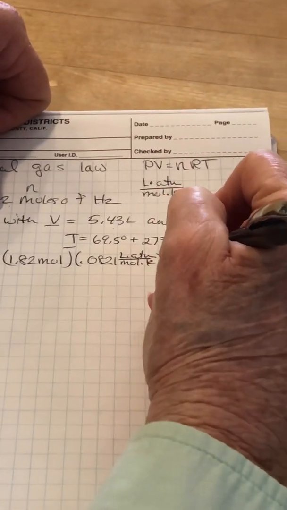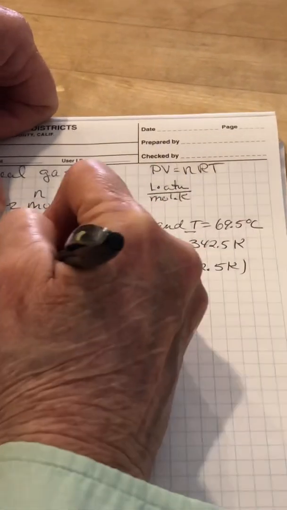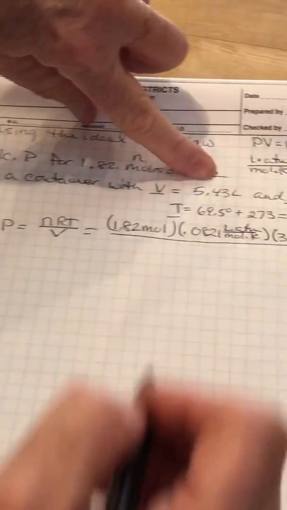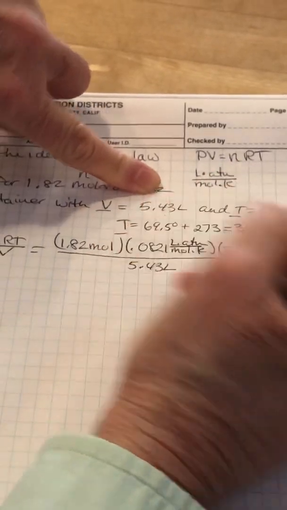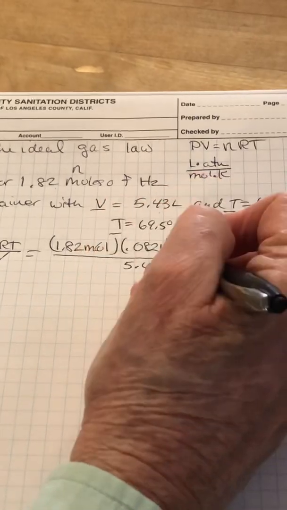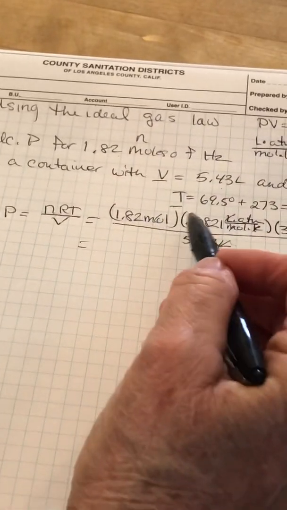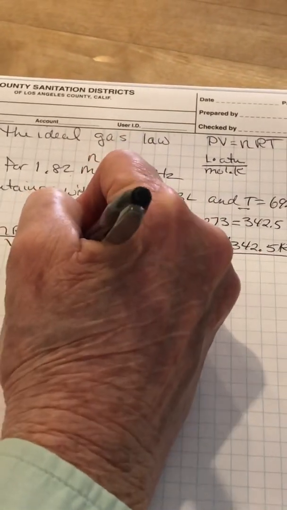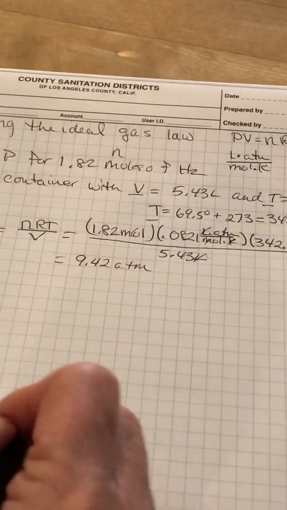Temperature is 342.5 Kelvin, and I am dividing that by the volume, which is 5.43 liters. Liters are going to cancel with liters, Kelvins with Kelvins, moles with moles. We're left with atmospheres. So multiply that, divide by the volume, and you get 9.42 atmospheres, which is a very high pressure.